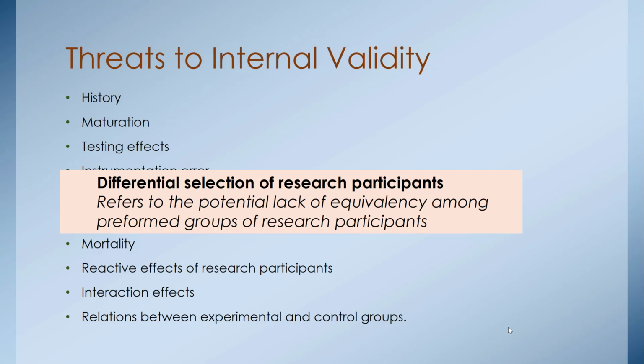If you don't have true random assignment, and even in some cases where you're able to do that, you could actually get a lack of equivalency. You could end up with one group that has more of the variable attributes you're measuring than the other group. If you follow the methodology for the explanatory level, this should be a lower risk, but it's still a risk in your research study.